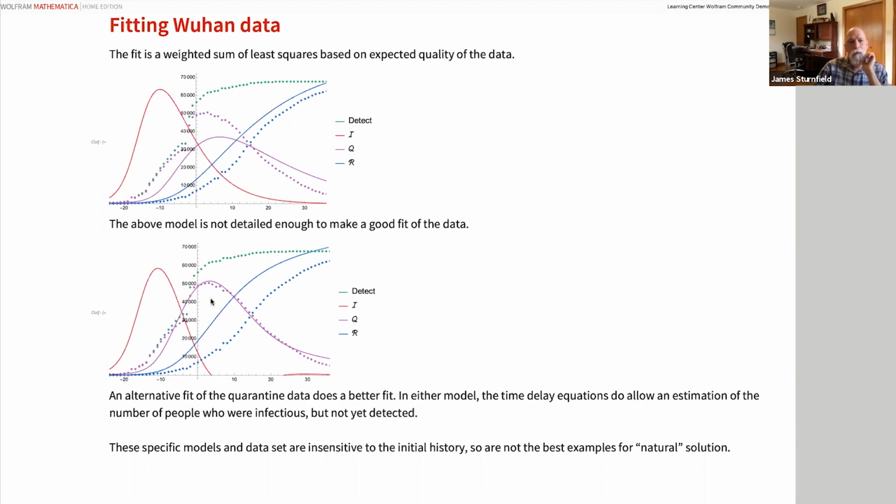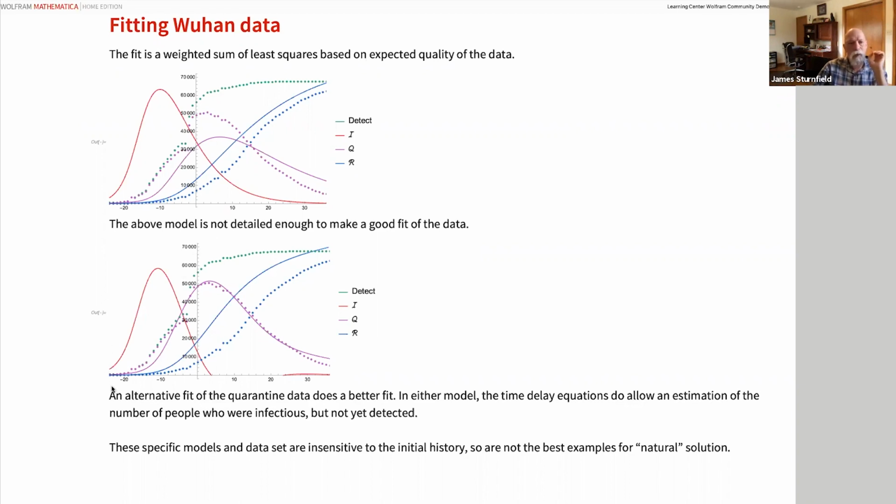If I fit this data just to the quarantine detected group, I can get a much better fit. There are some issues with doing that, and really I need to add to this model. Part of the issue is the total population of who could be infected changes from the initial onset to as it spreads to a larger area.